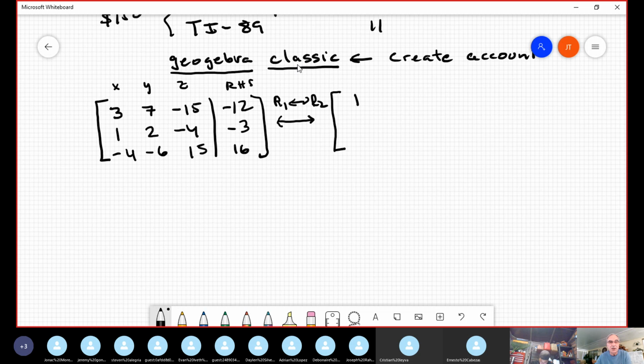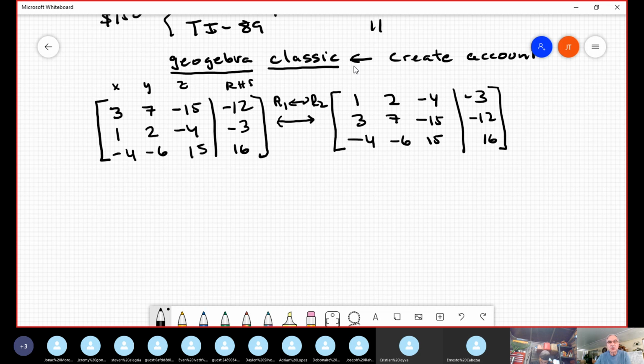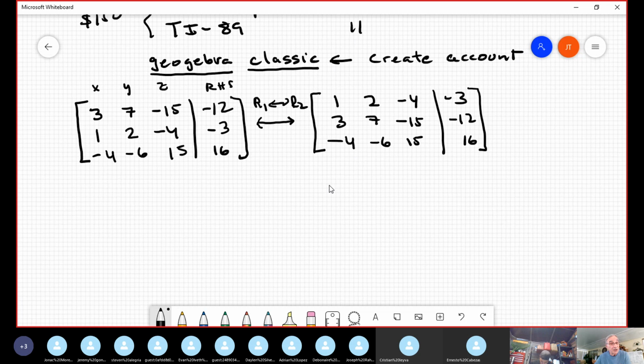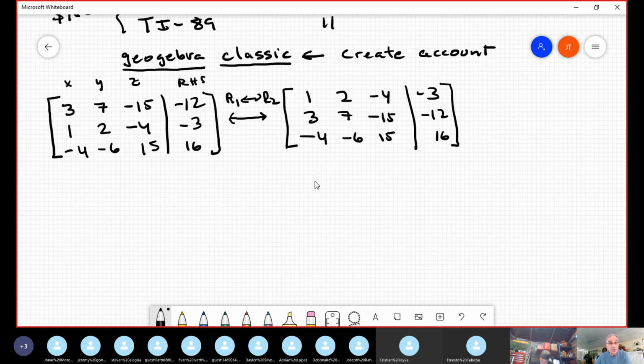So I copy 1, 2, negative 4, negative 3, then 3, 7, negative 15, 12, then negative 4, negative 6, 15, 16 stay the same. So the only thing I did was interchange row 1 and row 2 of the original matrix, because I need this one here, that's important for me because this represents the first pivot.